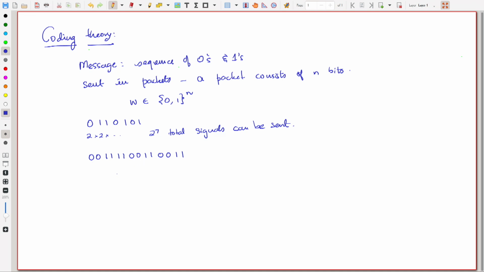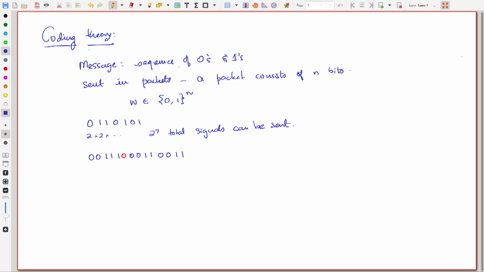But suppose during transmission one of the bits got changed, and say this 1 here became a 0. So, instead of 1 1 I have 1 0. So, this second 0 is not an error.